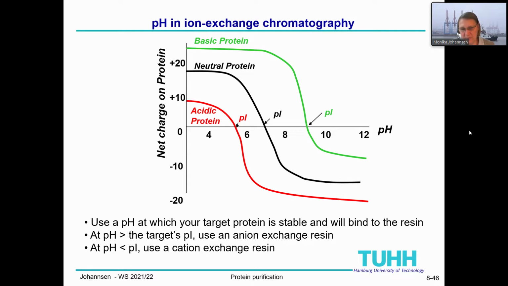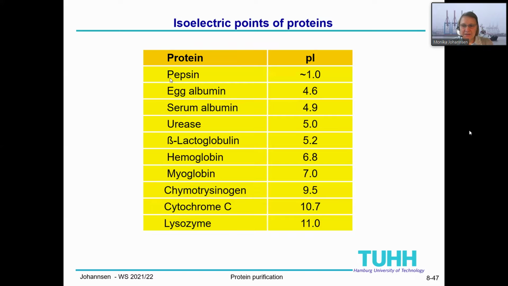We have to look for a pH where our target protein is stable. By that we can choose a suitable pH, and by that also a suitable matrix for the separation. The isoelectric points of proteins differ. Here you can see from acidic up to alkaline pIs, everything is possible.